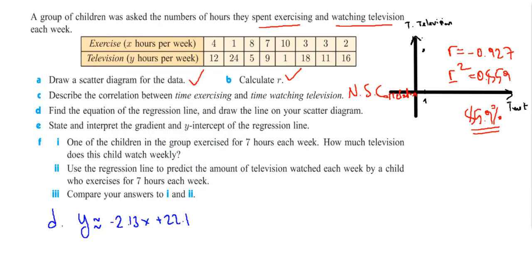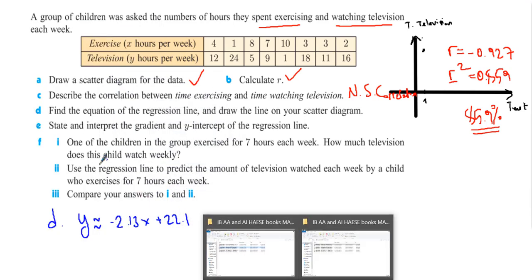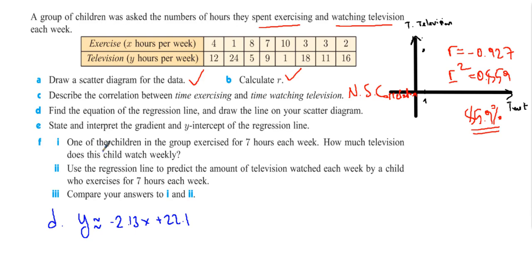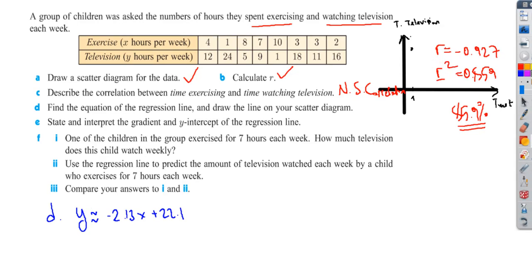So what do they mean? In part E, state and interpret the gradient and the y-intercept. So what is the gradient? We know from the definition of the line what the gradient is. For each additional hour that students spend on exercise, the number of hours they spend watching TV each week decreases, because it's negative, right?